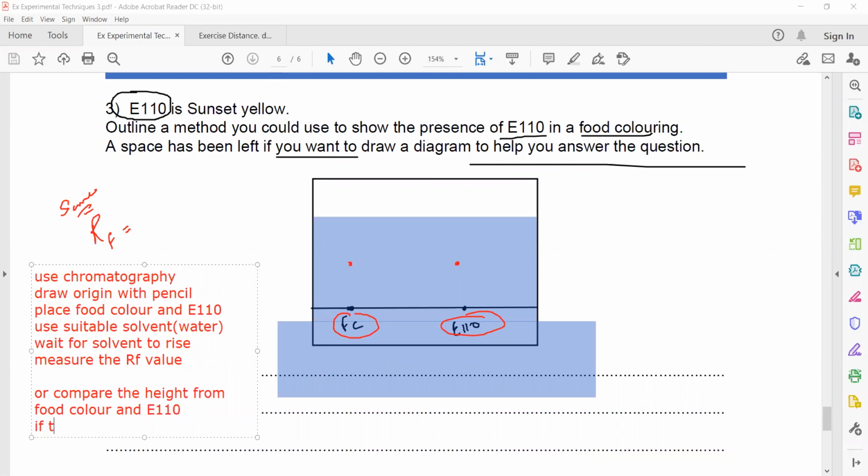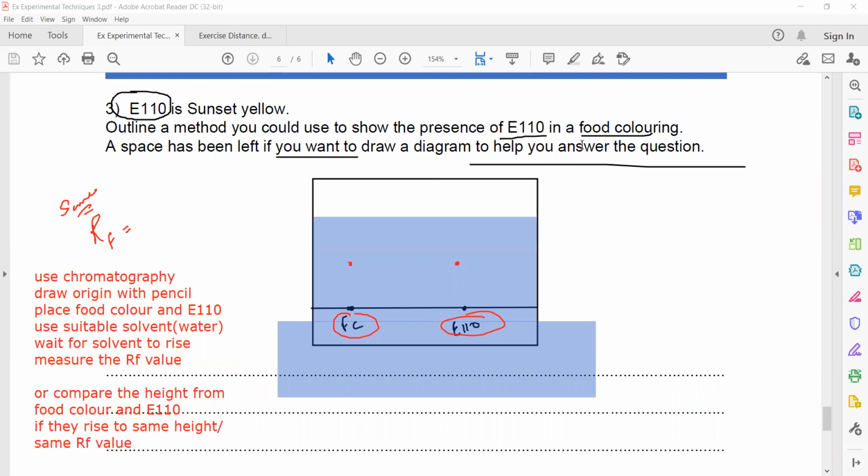If they rise to the same height, or it has the same RF value, it means that the food color contains E110.